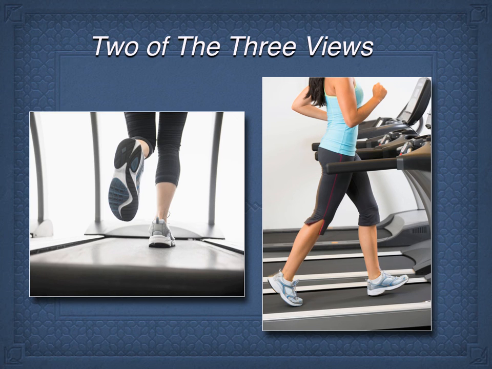So we're looking at two different runners here. Generally in the field, you want to look from the back side and from the front. I don't necessarily think you gain a lot from the front, but when we look at the person on the left, she's actually looking at her right foot.